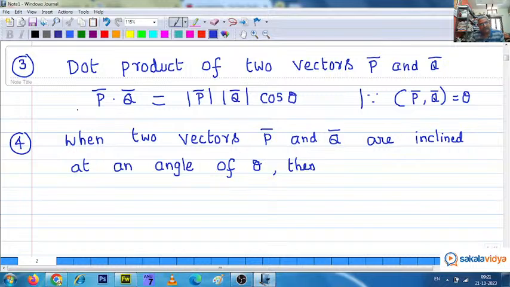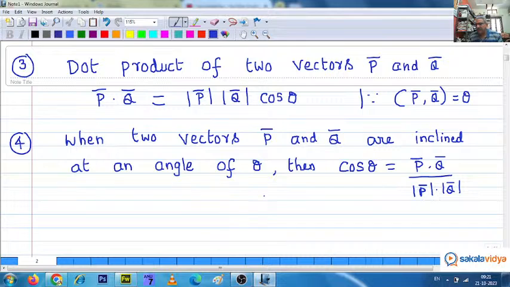See, with the help of the third one only we can determine the cos theta value. The p bar dot q bar is equal to mod p times mod q times cos theta. Now you find out cos theta. Cos theta is given by p dot q upon mod p times mod q.